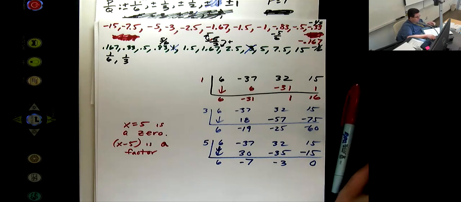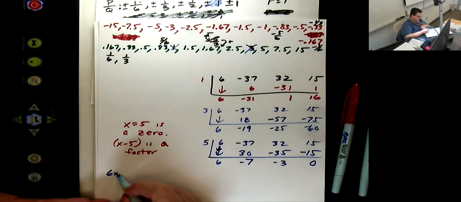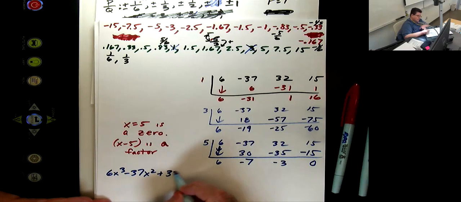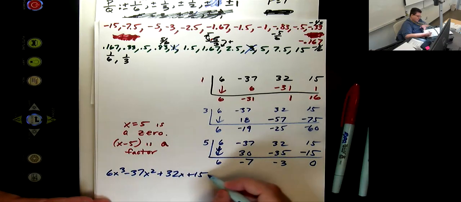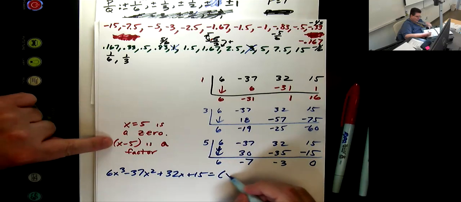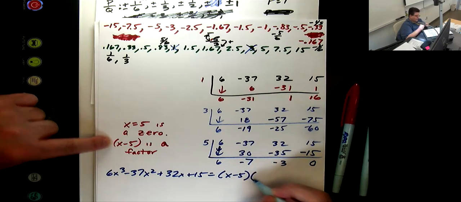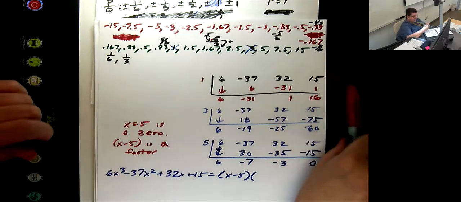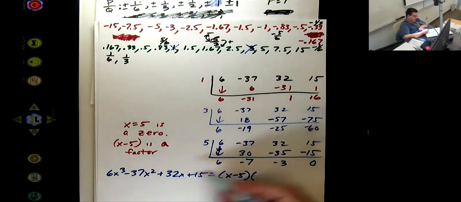So our 6x cubed can be written as x minus 5 times whatever we have left over here with one exponent lower.